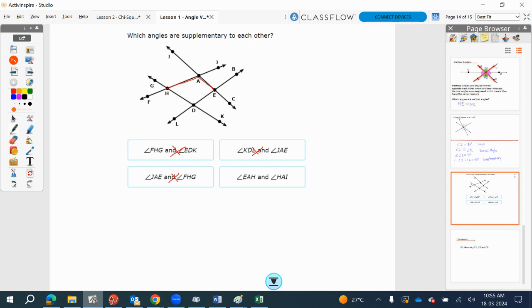HAI. Are these ones supplementary? Yes. Why? All the angles on a straight line add up to 180. So it's this one. All right, you can start your IXLs now.